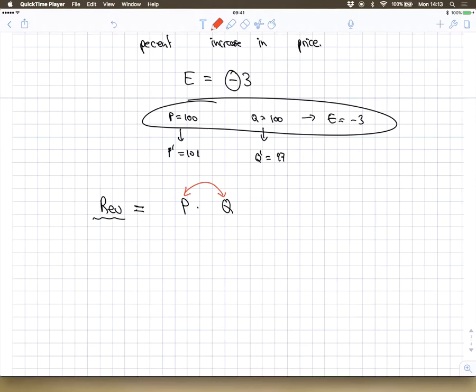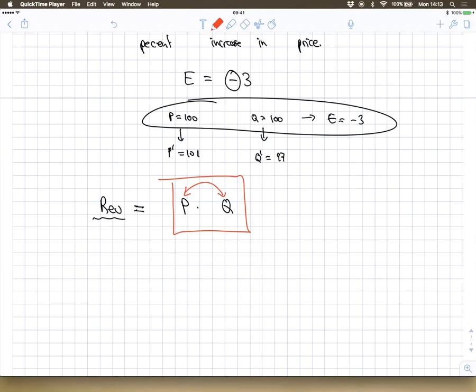So when you increase price by 1%, what's happening to the quantity? It is decreasing by 3% in this case. So what can you say about what's going to happen to the revenue at that particular point?